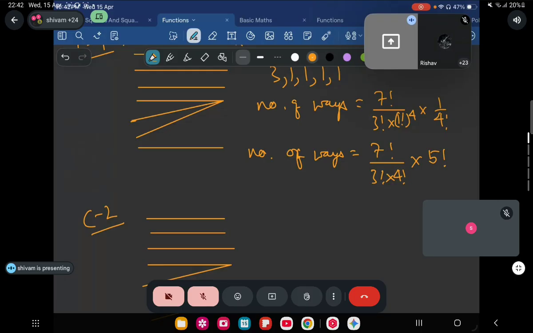So over here, what is the number of functions? Number of functions will be equal to 7 factorial divided by 2 factorial into 2 factorial into 1 factorial whole to the power 3, multiplied by 1 upon, since there are two groups of equal size, 2 factorial whole square. Wait a minute.